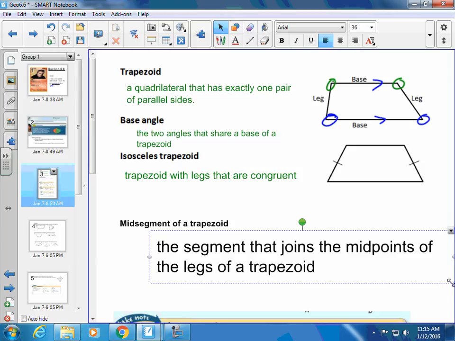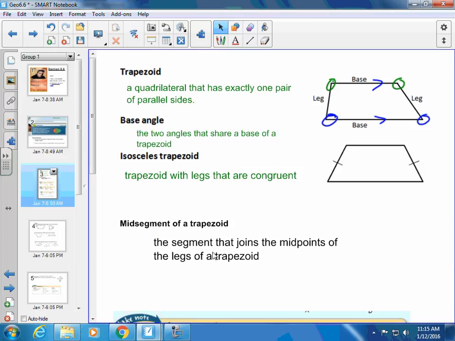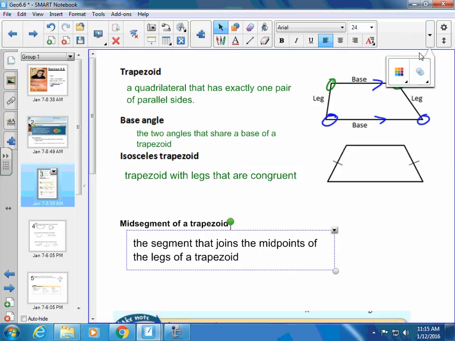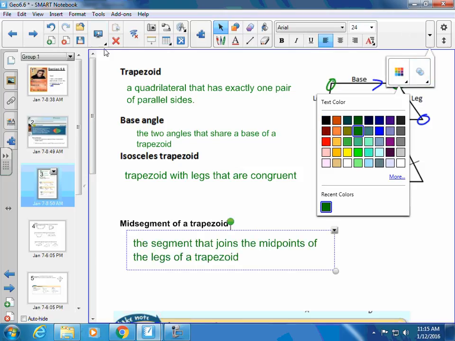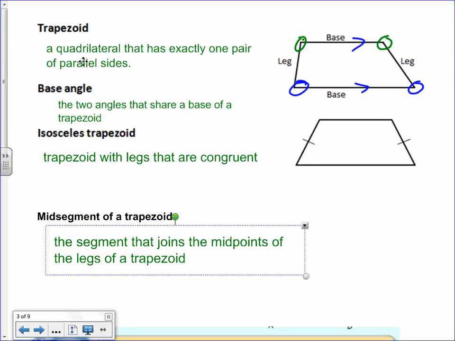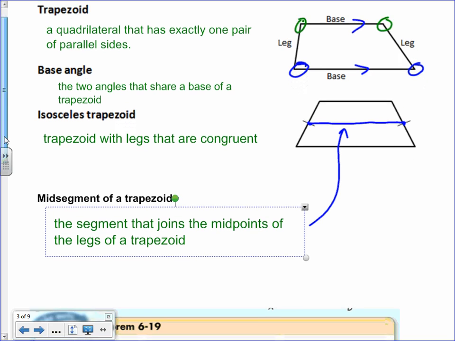So if you look at the picture up to the right, the isosceles trapezoid, and you picture the midpoints of the legs. So it'll probably be right here, right where the lines are for the congruent sides. Those are the midpoints of the legs, and the mid segment would be right there in the blue. Okay? A little bit different than the mid segment of a triangle, but same concept.